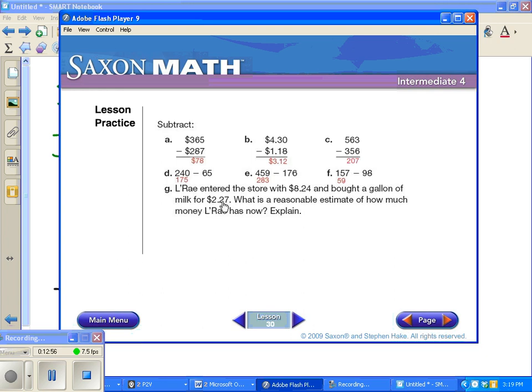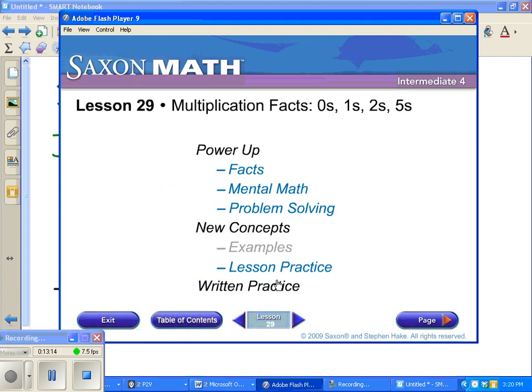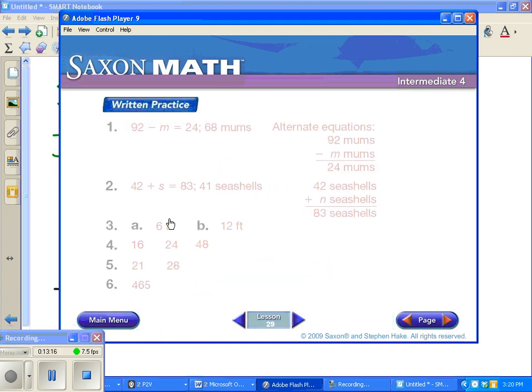And the milk, hey, that's really close to $2.25. So 25 minus 25, that's going to leave me with 0. And $8 minus $2 leaves me with about 6. So I'm going to say $6 is my estimate. And we agreed.